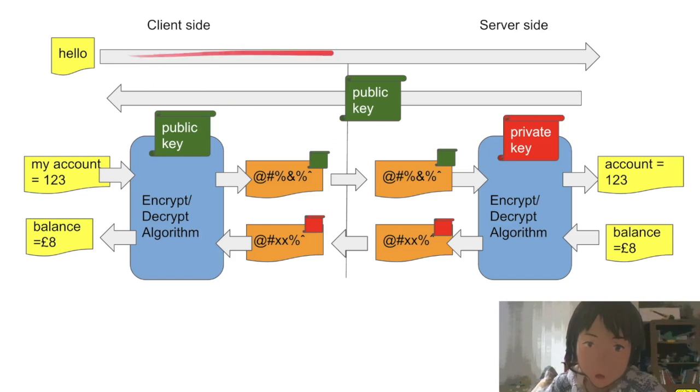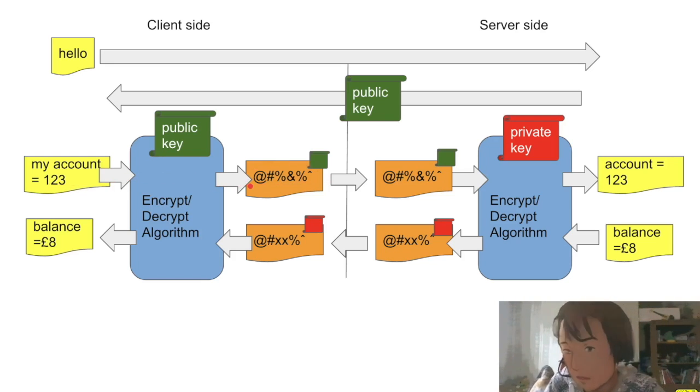Right, so once you send hello, the server side sends the user the green key, which is the public key, and then the client side encrypts the data 123, which is the user account, and asks the server side to tell the client the balance of this account. So 123 will be encrypted into kind of rubbish, and this data will be sent to the server side.